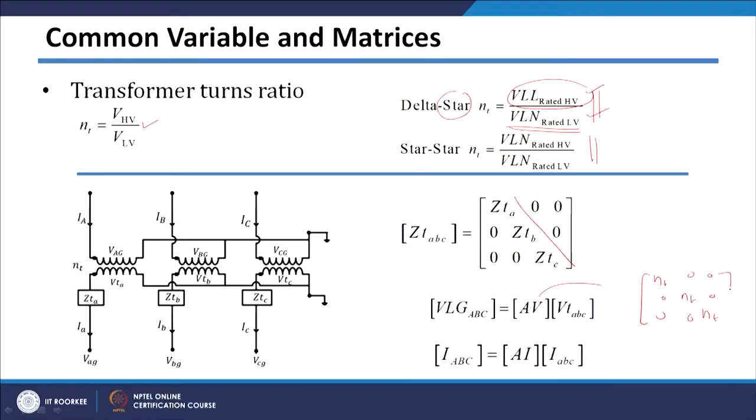Generally this turns ratio will be the same, and then AI will be the inverse of your turns ratio, that is 1 upon NT, 1 upon NT, 1 upon NT and zeros elsewhere. In this case also AI will be a diagonal matrix, only thing is it will be 1 upon NT, and since the turns ratio of all the 3 phases will generally be equal during operation also, these 3 terms will be equal.